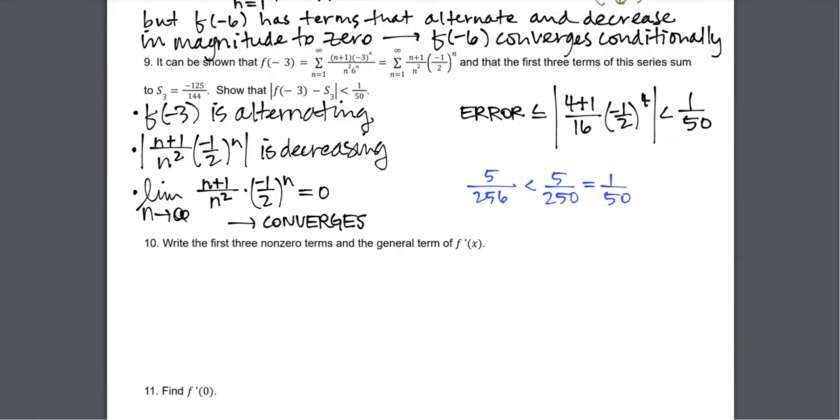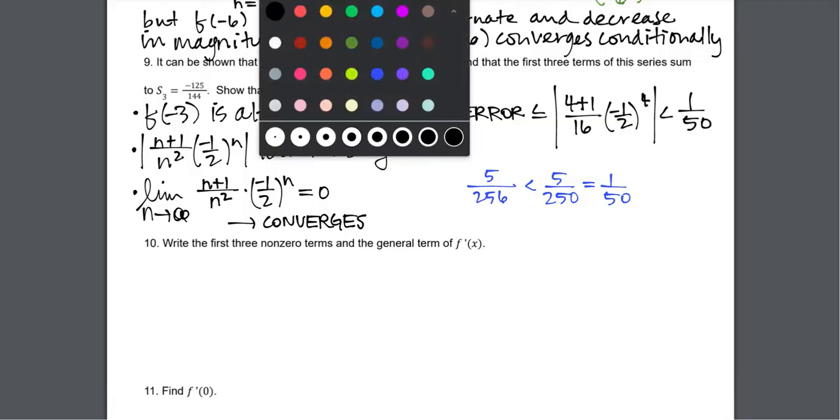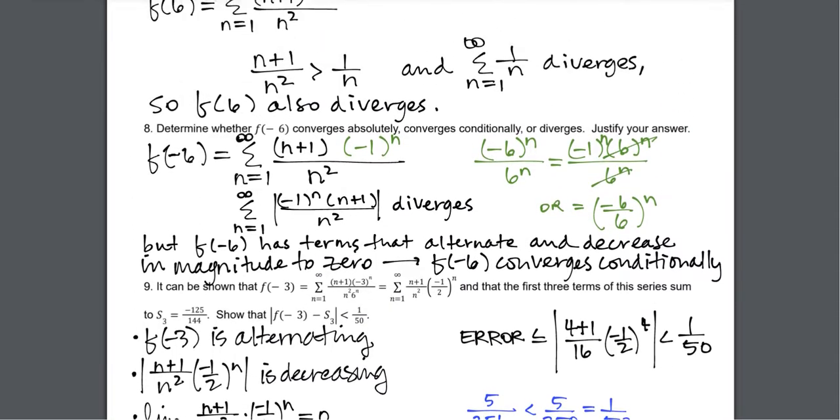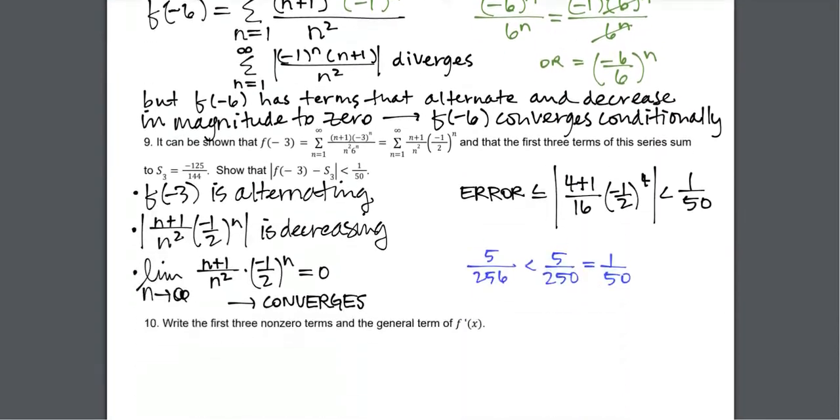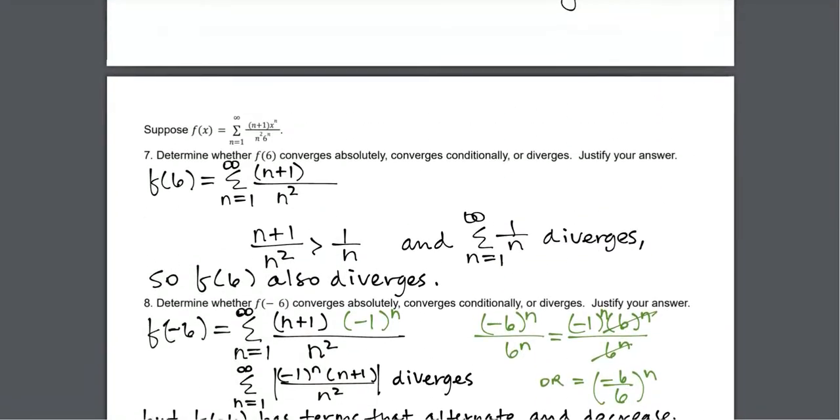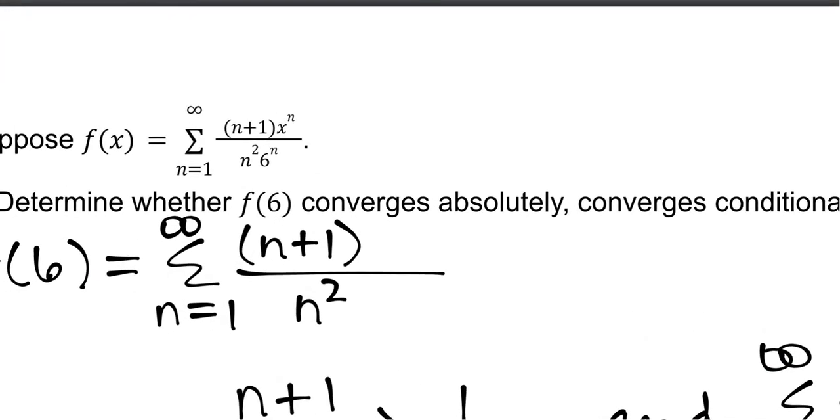All right. Write the first three non-zero terms and the general term of f prime of x. So do I already have f written out in its terms anywhere? No. All right. So f prime of x. All we're going to do is take the derivative with the power rule, but I'm going to remind you why that's true.